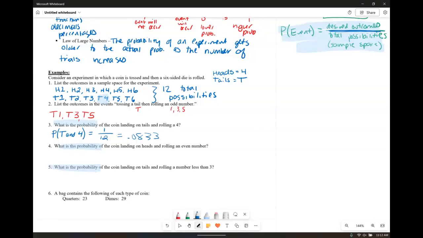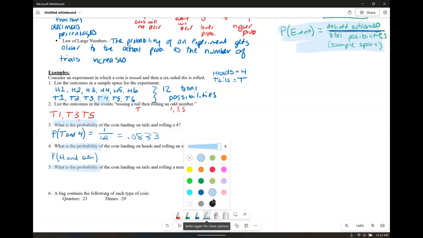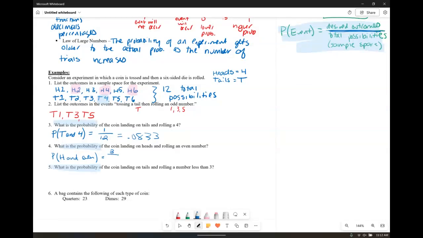Okay, now next one, what is the probability of the coin landing on heads and rolling an even number? All right, so now I'm going to look back up here at my possibilities. Heads and an even number. So I've got 1, 2, 3 desired outcomes there. So this time that numerator is going to be a 3.